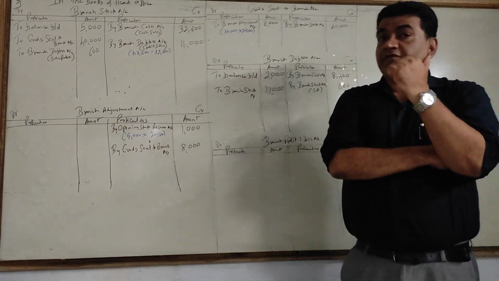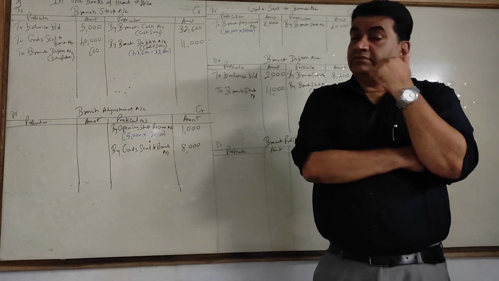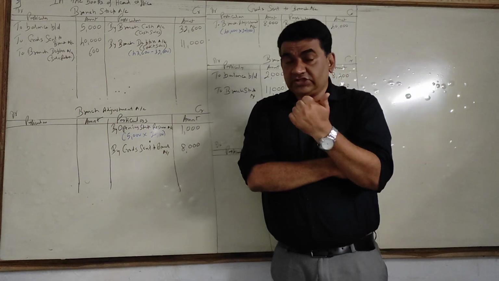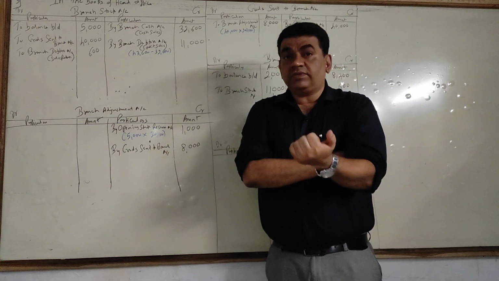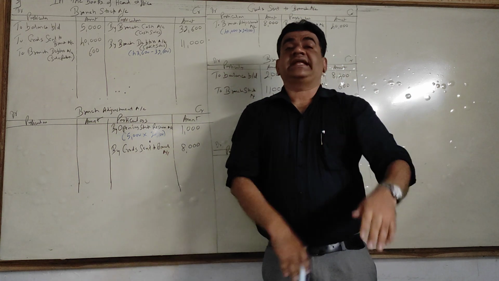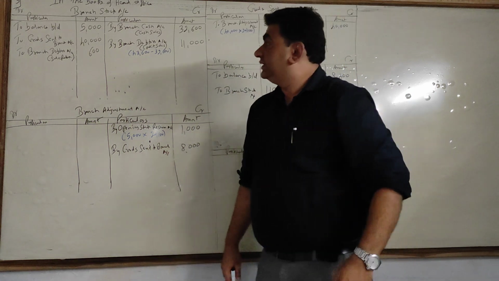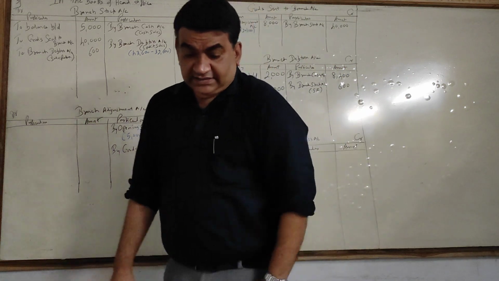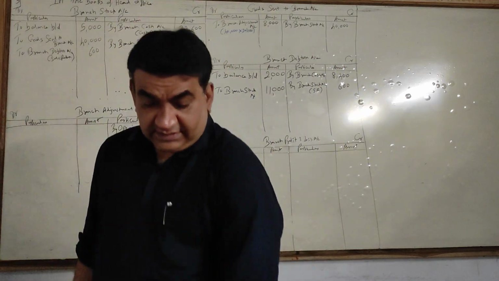So don't remove profit from sales and sales return. Profit will be adjusted against opening stock, closing stock, goods sent to branch, goods returned from branch, wherever the goods are sent at invoice price. Clear with this, guys? Chalo. Next.